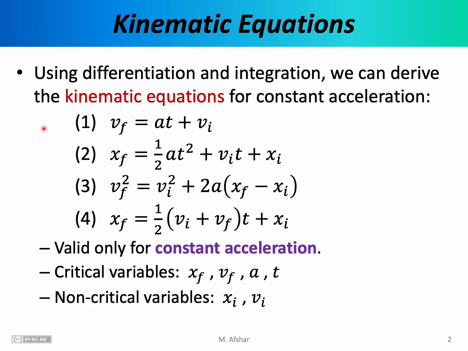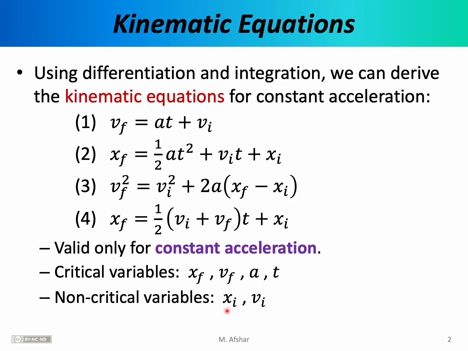Using the kinematic equations requires some practice. You need to recognize that there are 6 variables in total that are involved in this set of 4 equations. Of these 6 variables, 2 of them we can describe as non-critical variables. Those are x initial and v initial. We refer to these as non-critical variables because usually they are given in the context of a problem, or you can solve or decide what they are pretty easily at the beginning of a problem without many calculations.